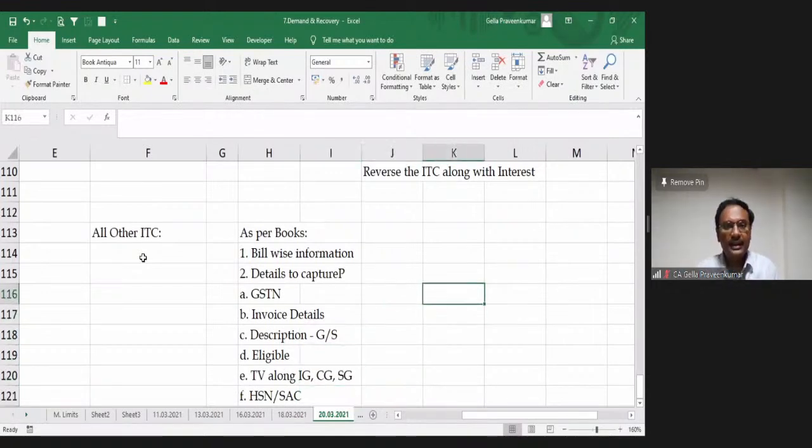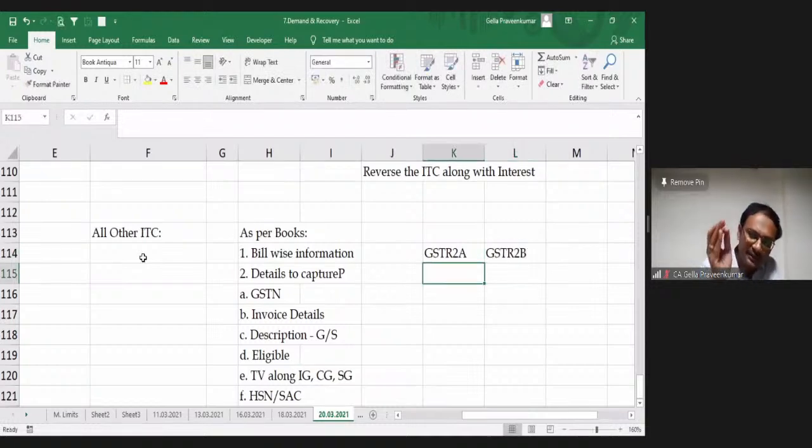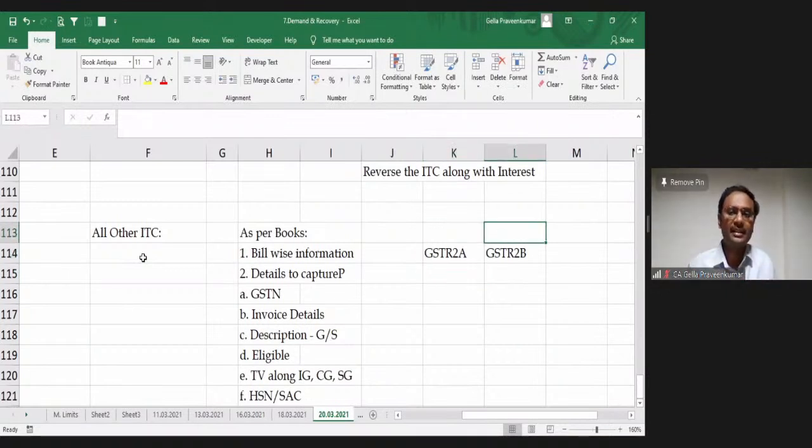The main important aspect is that now there is something called GSTR 2A and GSTR 2B. Again, all the students who have come on an exam leave, where you have stopped your support in filing of returns: this is something which has been a development since 1st January 2021.